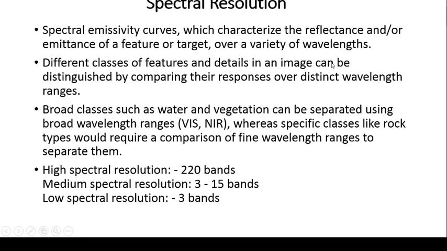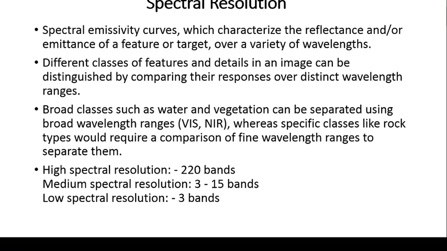As we have seen in spatial resolution, we have high and low spatial resolution classification. Similarly, depending on the bands of color, we have three types of spectral resolution: high, medium and low spectral resolution.